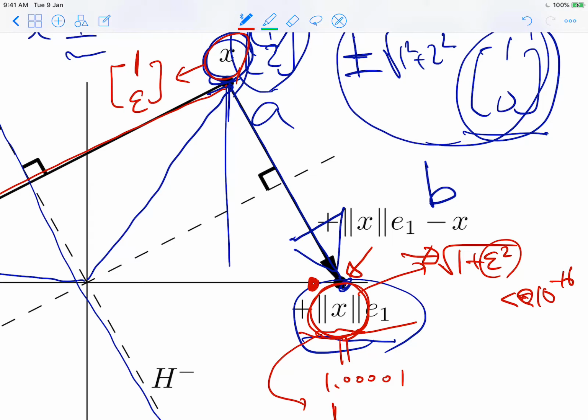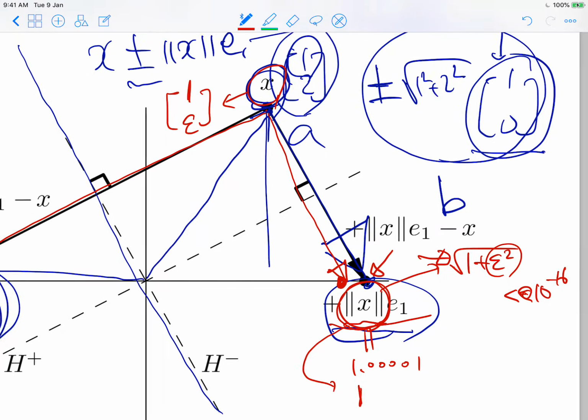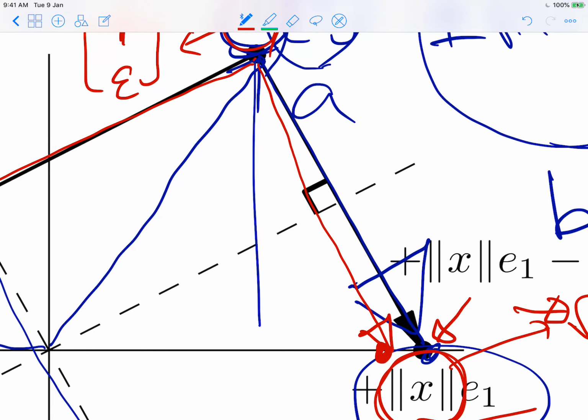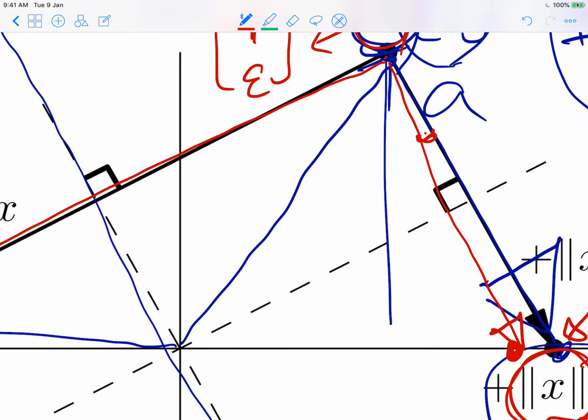So the direction will be computed in this form, which has a little bit of an error, right? Okay, so in this scenario, let's consider the angle over here. The amount of this angle is the amount of error that we have to introduce due to this inaccurate or approximate computation.